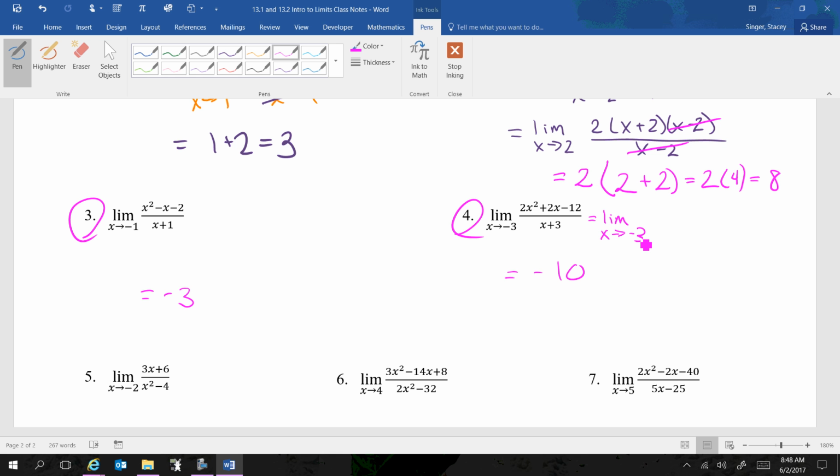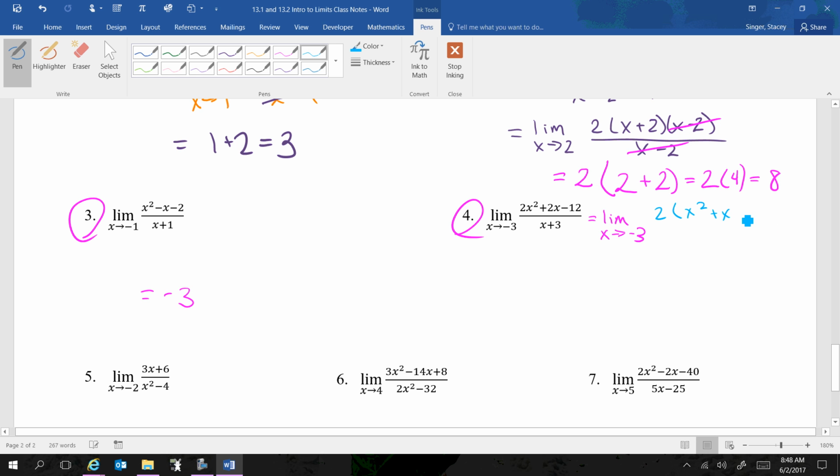So what can I do in the numerator to factor out anything first? Take out a 2. Which would leave me with x squared plus x minus 6, right? Yeah. And I got x plus 3 in my denominator. Chances are that's going to factor into something with x plus 3 in my numerator, right?